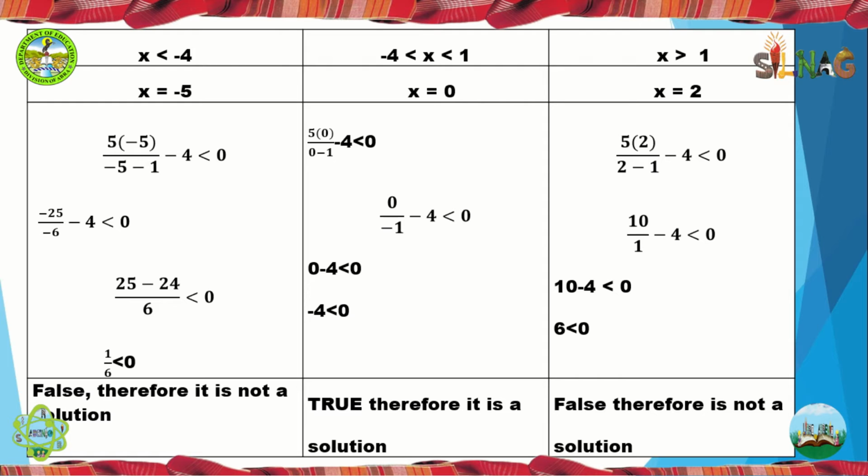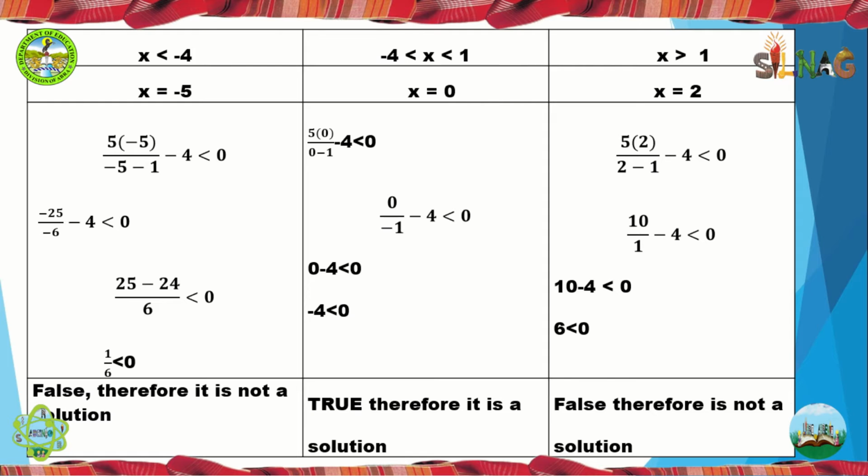Then minus 4 is less than 0. 0 divided by negative 1 is 0. 0 minus 4 is negative 4, less than 0. So negative 4 is less than 0, so the result is a true statement. Therefore, the numbers which are greater than negative 4 but less than 1 are solutions of the given inequality.